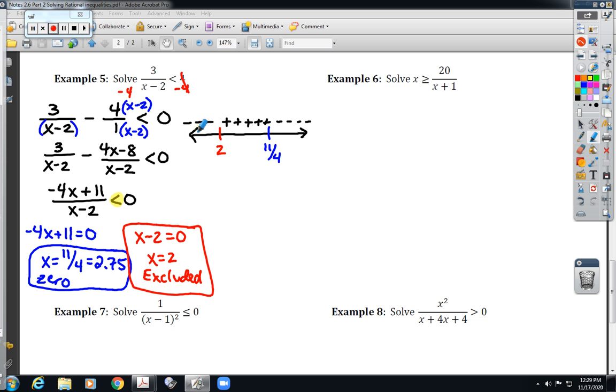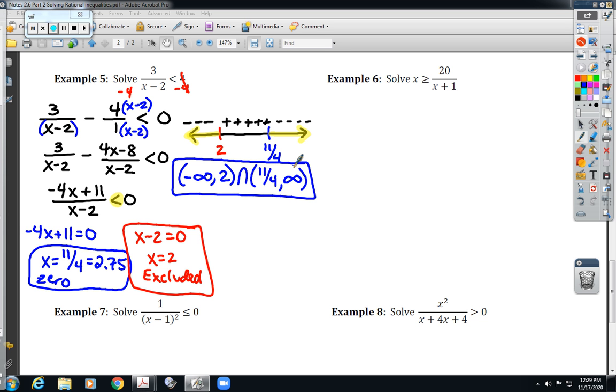Yep, that'd be from -infinity to 2, and from 11/4 to infinity. So we just write that out in interval notation, -infinity to 2, and 11/4 to infinity. We don't need to worry about square brackets versus round brackets because it's just less than, not less than or equal to.